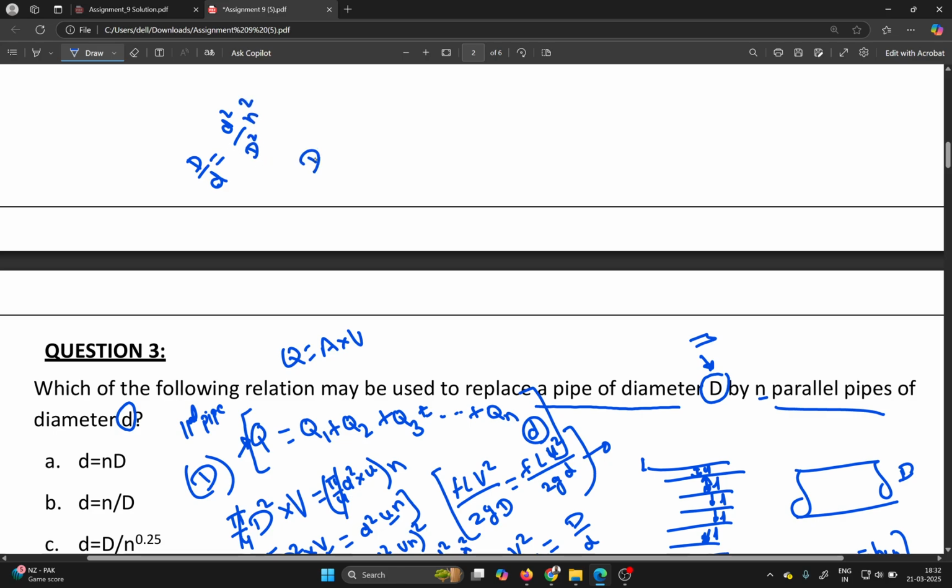So now D cubed divided by small d cubed is equal to n squared. So something we are missing here, I think.